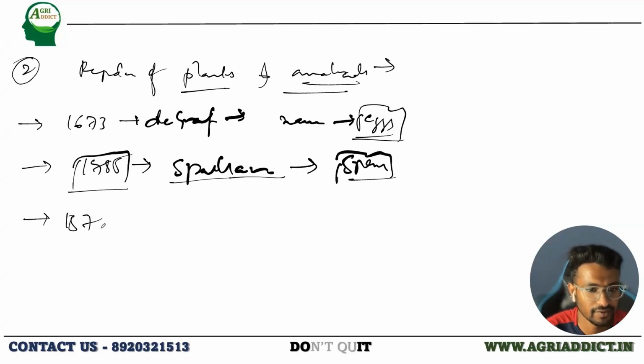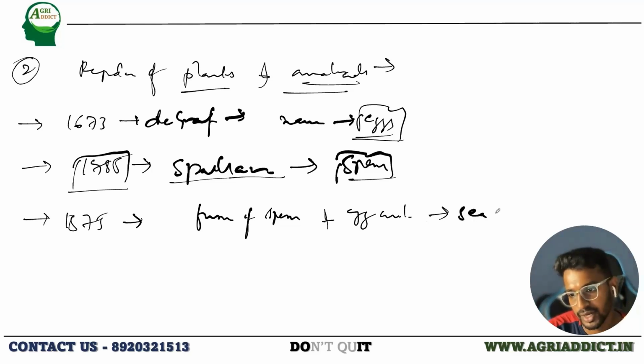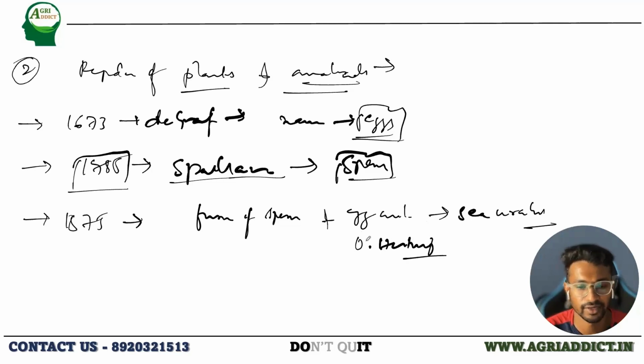And next we have 1875, where the conclusive evidence of fusion of sperm and egg nuclei in sea urchin was given. So who gave this? Hertwig, yes. Fine, very good.